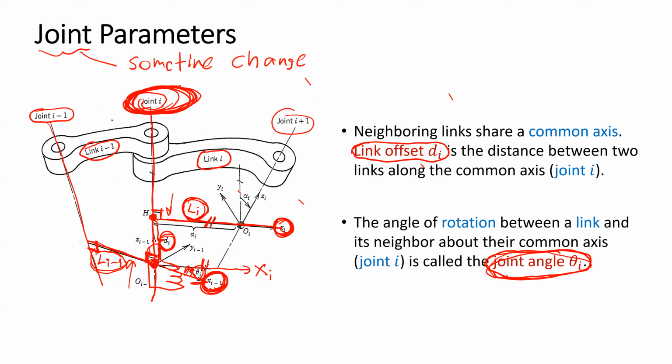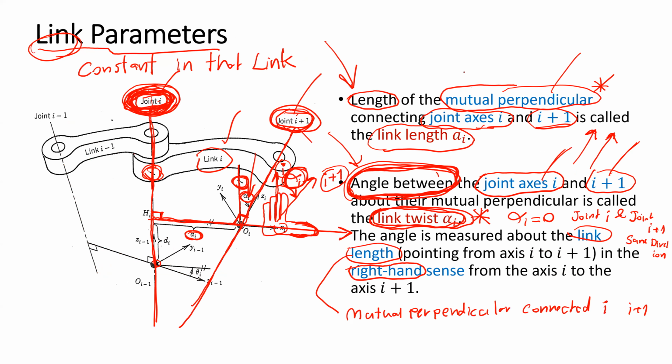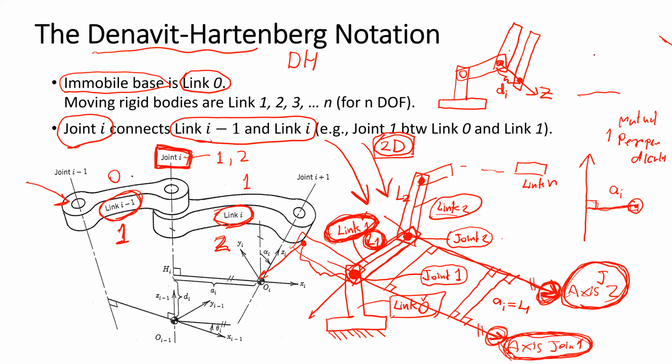So if we consider this in 2D, we have a mutual perpendicular here and another mutual perpendicular here, and the joint axis is in this direction.